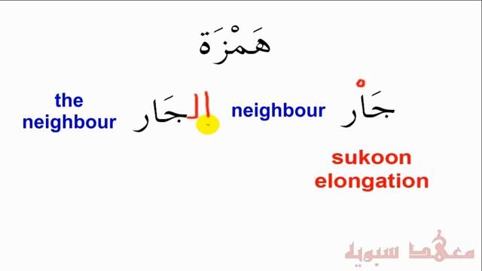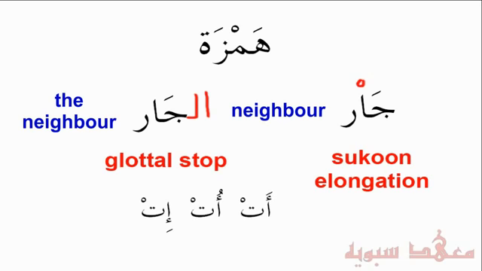So notice the sound in the beginning, Al-Jar. That sound, which in English is called a glottal stop, is actually the Hamza. It's not the Alif. So some other examples of this is we have here "a", "u", "i".